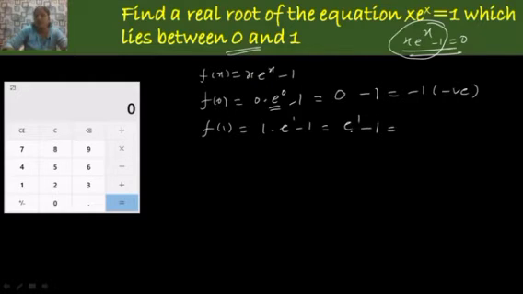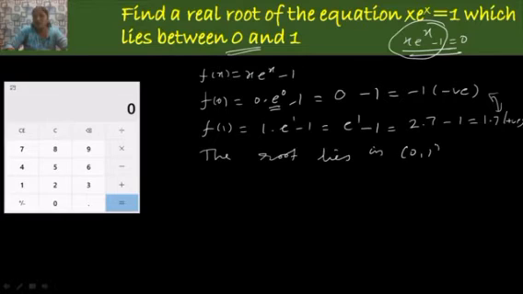You know already the value of e is 2.7, etc. If you don't know, just press e on your calculator and get the value of e. So 2.7 minus 1 is 1.7. This is positive. So there is a change of sign, from negative to positive. Therefore the root lies in the interval 0, 1.